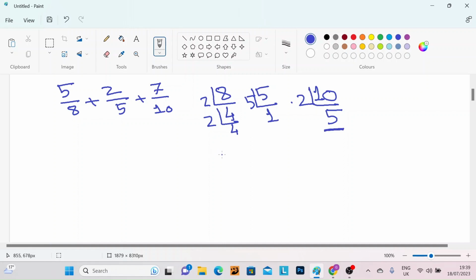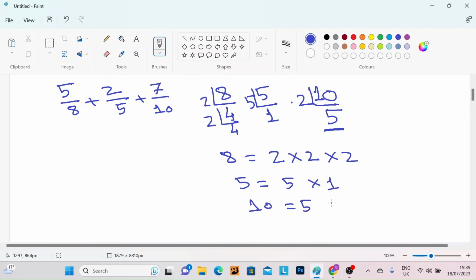So if we write down the numbers, 8 equals 2 times 2 times 2, 5 equals 5 times 1, and 10 equals 5 times 2. We have 5 common in 2 rows. From these 2 rows, we take one 5.